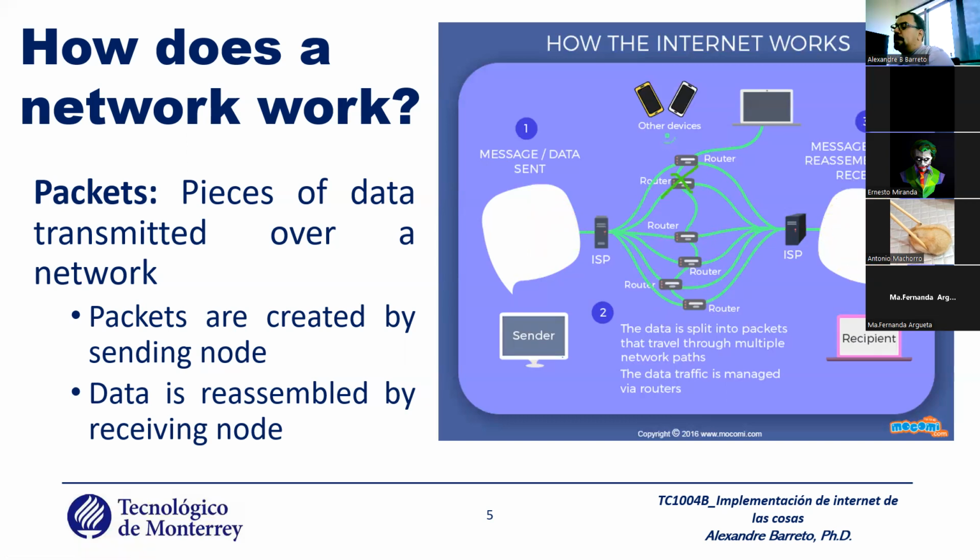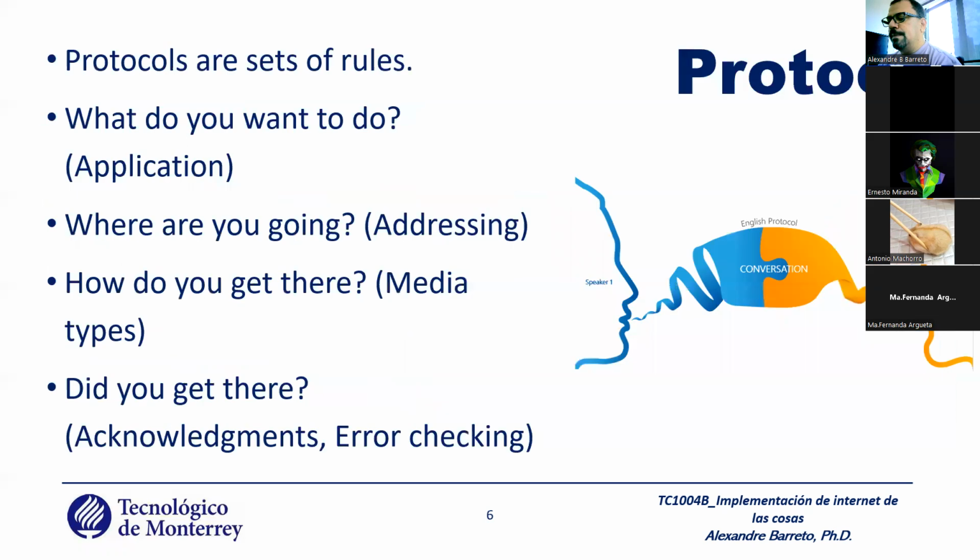Sometimes you can regenerate the package that you lost from the other packages. Sometimes you need to ask the target or the sender, something like: oh, send packet 4 again, and the sender sends packet 4. Okay? Any questions? Is it okay? Yes. Okay, everything's okay.